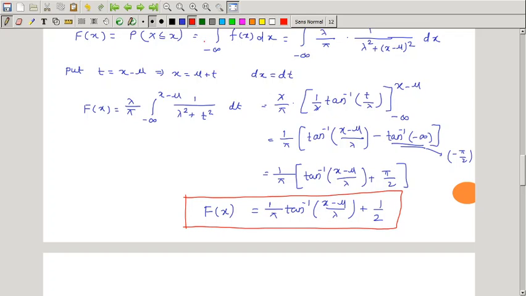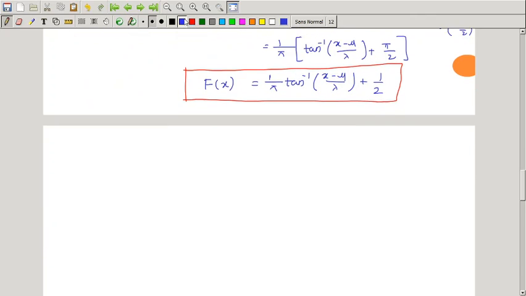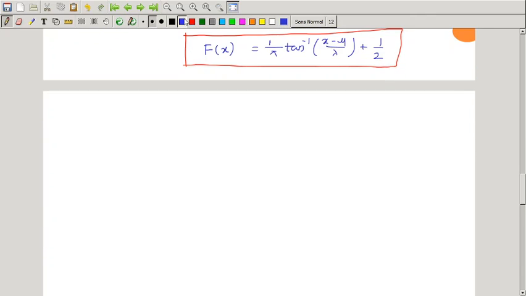Remember this distribution function, because many times we can use it to solve examples, or mostly in the fitting of the Cauchy distribution, you can use this distribution function for the fitting purpose. Now further we will see the quartiles.